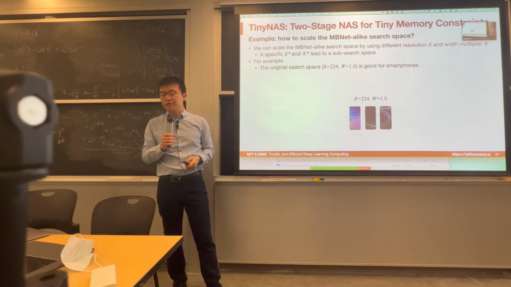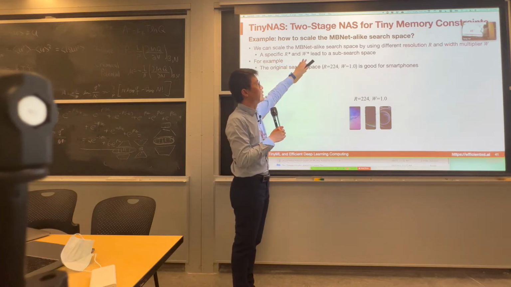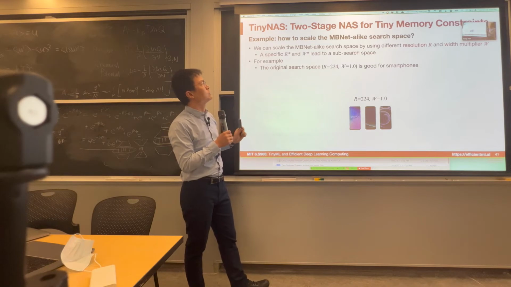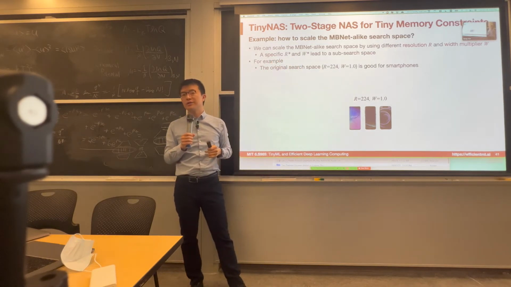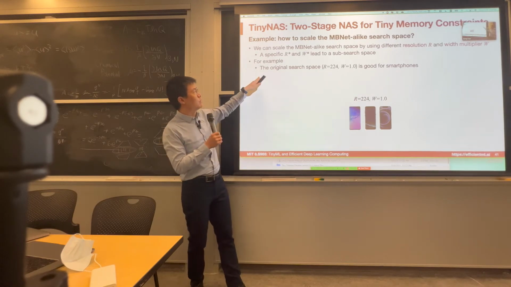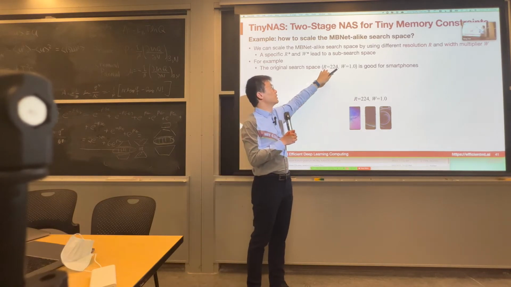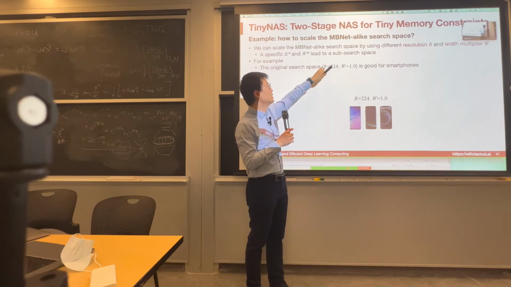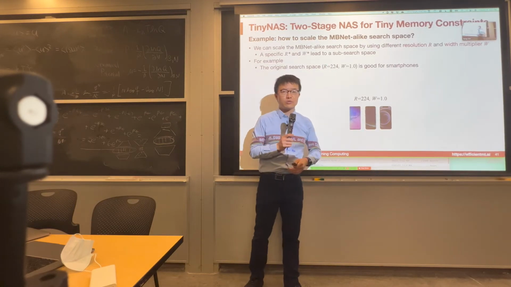We can specifically scale the MobileNet-like search space by using different resolution and width multipliers. This resolution and width multiplier determines a sub search space. For example, for the original search space for mobile phones, people widely use a resolution of 224. If you go to ImageNet, most of the resolution is 224, and the width multiplier is 1.0.